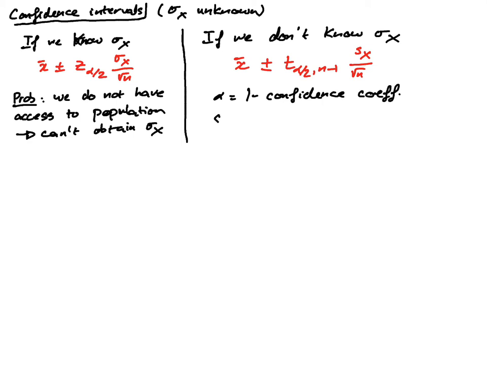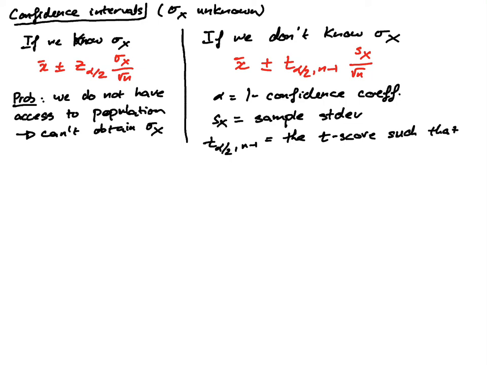Sx is the sample standard deviation. And t sub alpha over 2 with n minus 1 is the t value such that the area to its right is alpha over 2, and n minus 1 is the degrees of freedom.